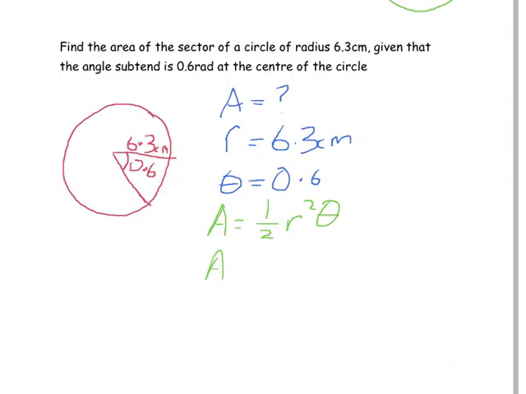So area is equal to a half times 6.3 squared times 0.6, which if you pick up your calculator you get the answer 11.91 centimetres squared. Now that's a very easy question.